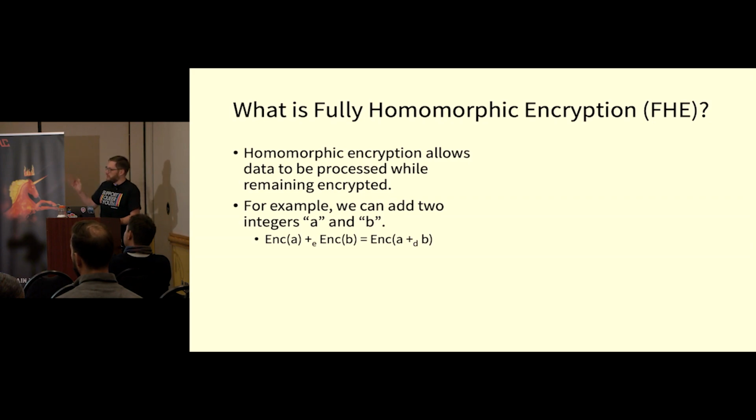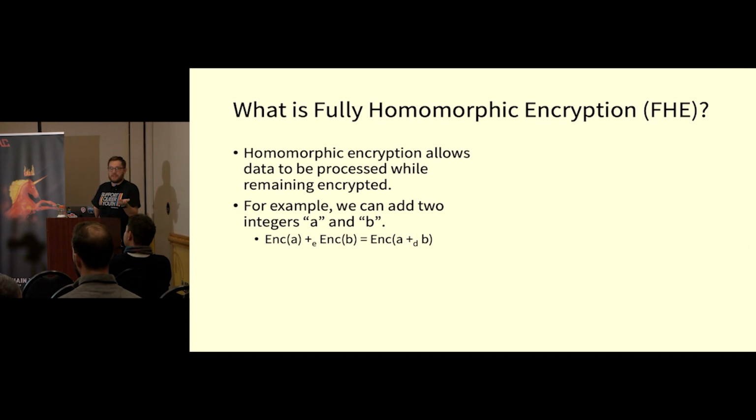So for example, we would have it defined maybe by this equation. Say we want to add two integers, a and b. There's two ways you can perform this operation. The first one is to take a and b on the right side of that equation, add them together normally, and encrypt the result. But it turns out that there's an equivalent operation you can do on encrypted data, which is the one on the left.